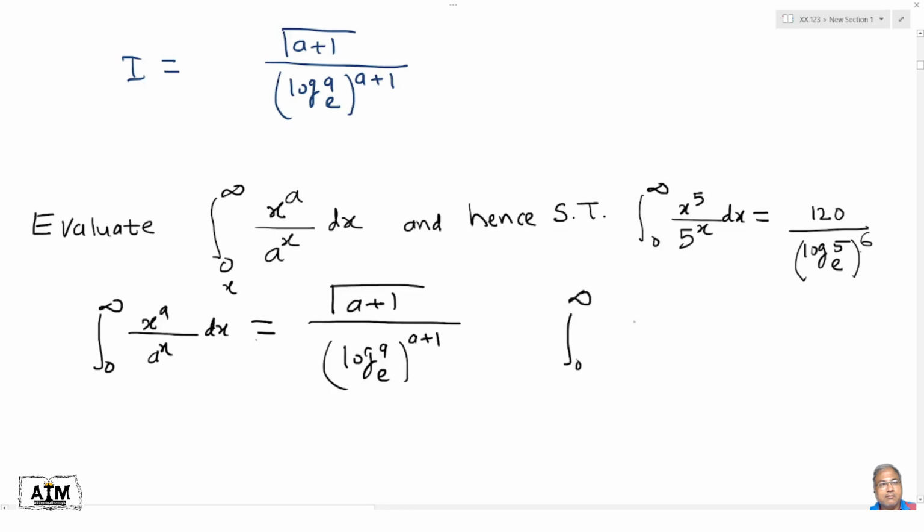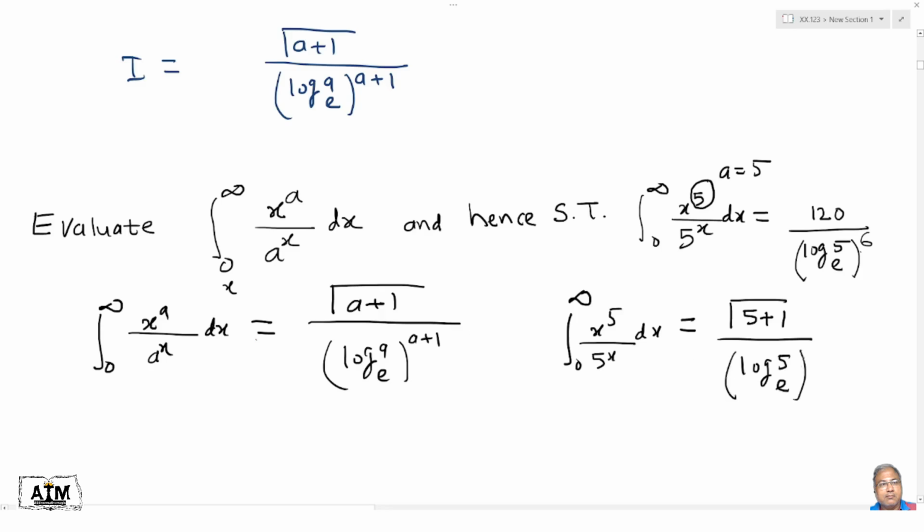integration 0 to infinity, here a equals 5. So the question is similar, only in place of a there is 5. Therefore 0 to infinity x raised to 5 divided by 5 raised to x dx equals gamma a plus 1, that is gamma 5 plus 1, divided by log a, that is log 5 to the base e, whole raised to a plus 1, that is whole raised to 5 plus 1.